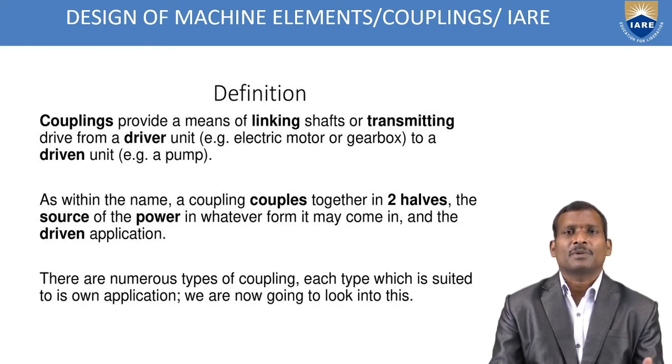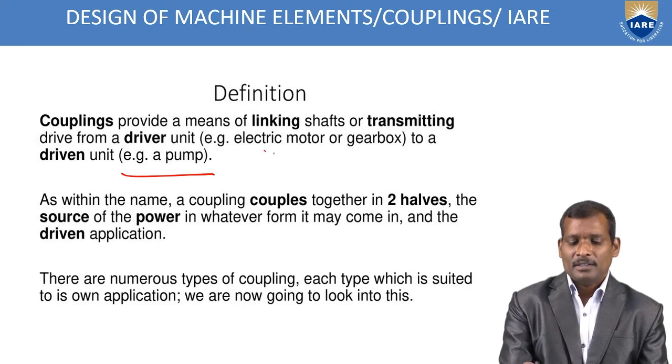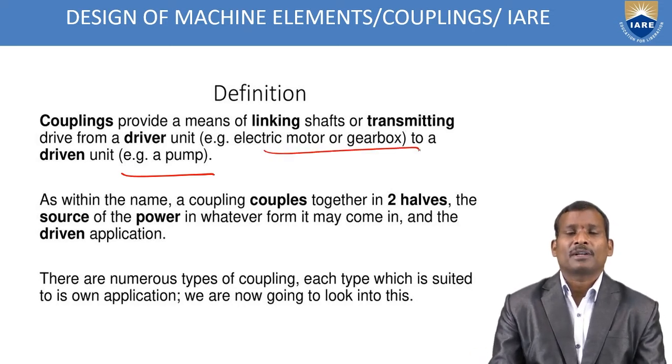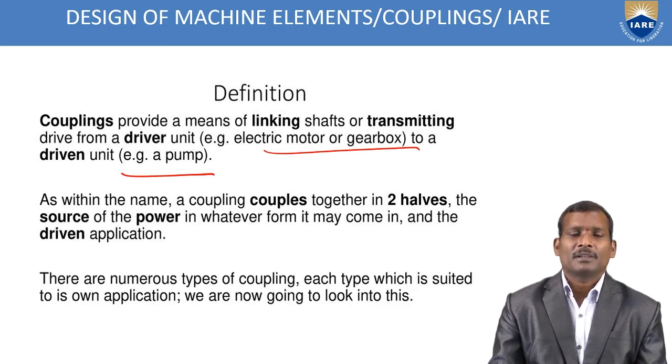To transmit the power from one place to another place. Example, electric motor or gearbox to a driven unit. The driven unit is a pump and the driver unit is an electric motor or gearbox. These two, the driver shaft and driven shaft, are connected with the help of a coupling.